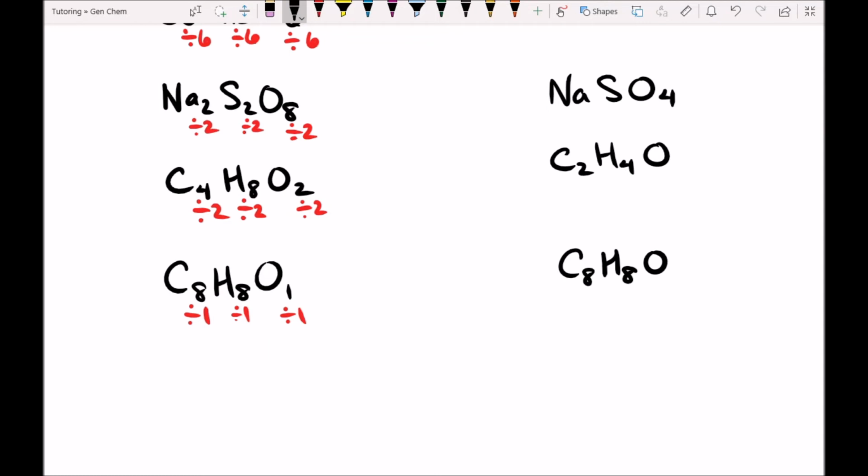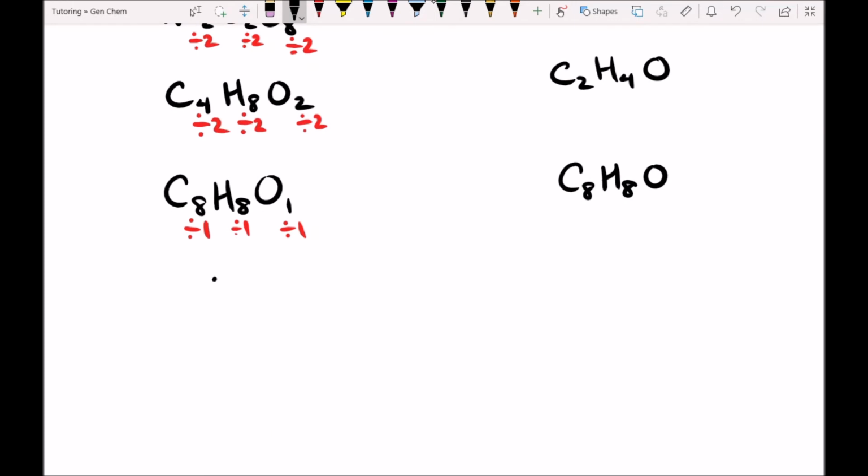So that's a tip. If any element in the molecular formula has a subscript of 1, then the empirical formula will be identical to the molecular formula because it can't be simplified down any further. And that's because the greatest common factor for this type of molecule is 1. And dividing all the subscripts by 1 results in the same formula as the original molecular formula.